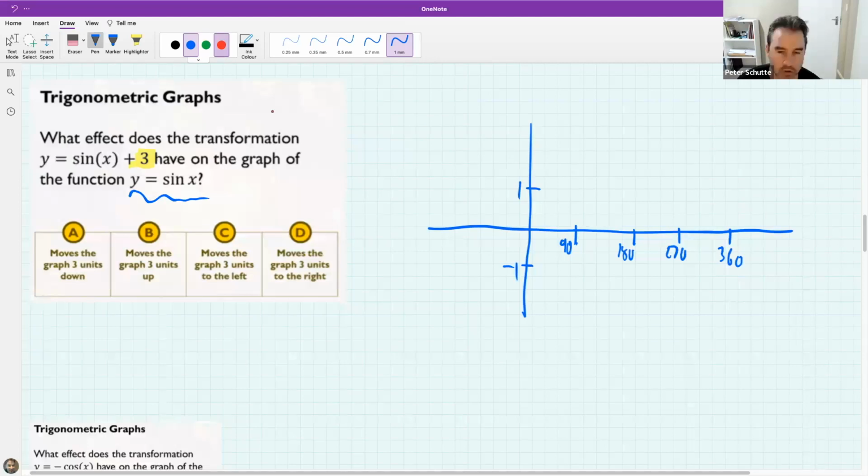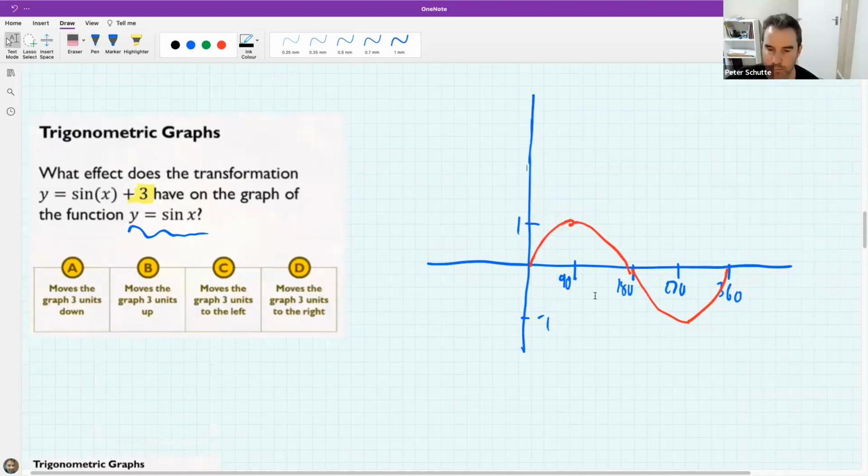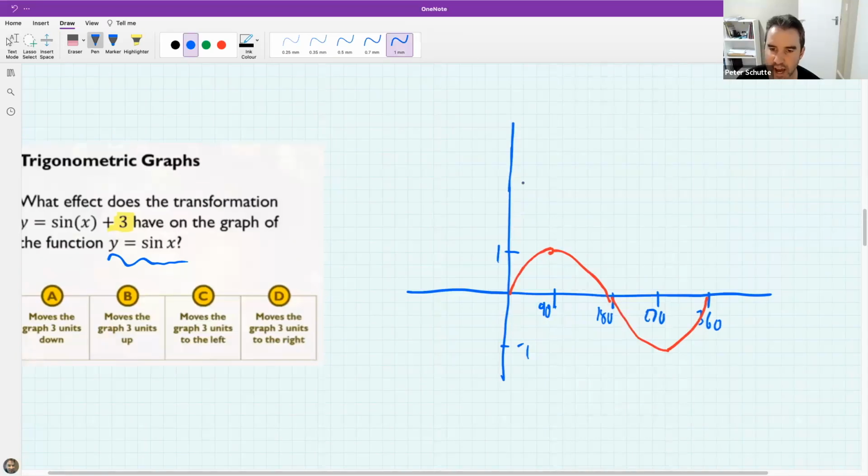Now, if this graph was just sine x, I draw it by doing this. My scale is a bit out, but whatever. Like that, and like that. And this should all be in line. So let me quickly drop that down a little bit. Now, if it becomes +3, what's really happening is that everything is being moved up by 3.